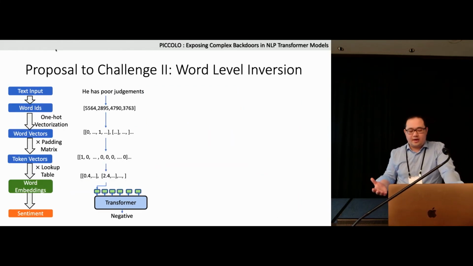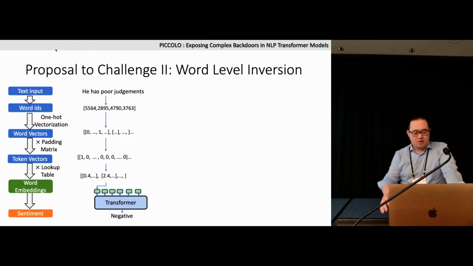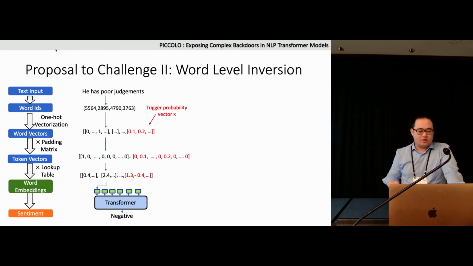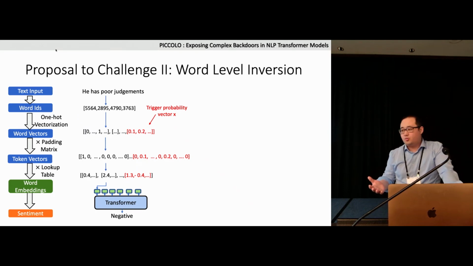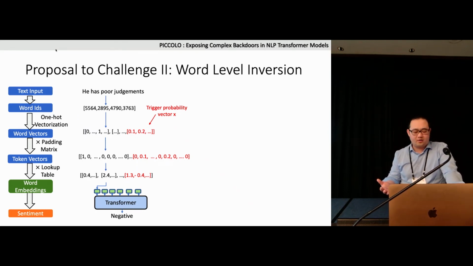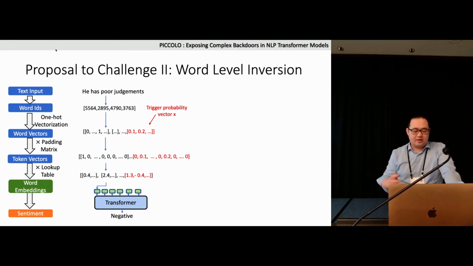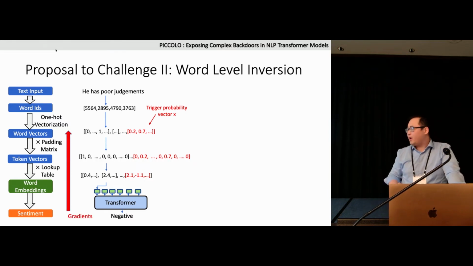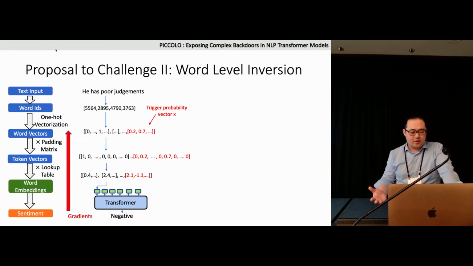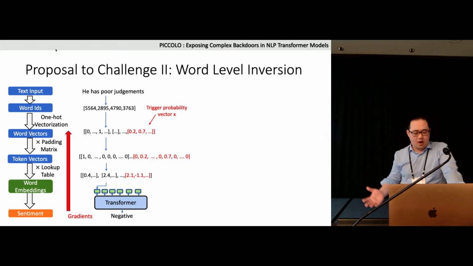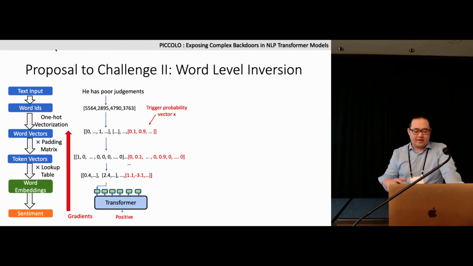So in this slide, I will show how to do the word level inversion. First, we inject a vector in the word vectors. We call it the trigger probability vector, where each element stands for the probability of the corresponding word being the trigger. And since we have made the whole pipeline differentiable, we can just backpropagate the gradients from the model output to the word vectors and optimize this trigger probability vector in a way that it flips the model prediction on the clean samples.